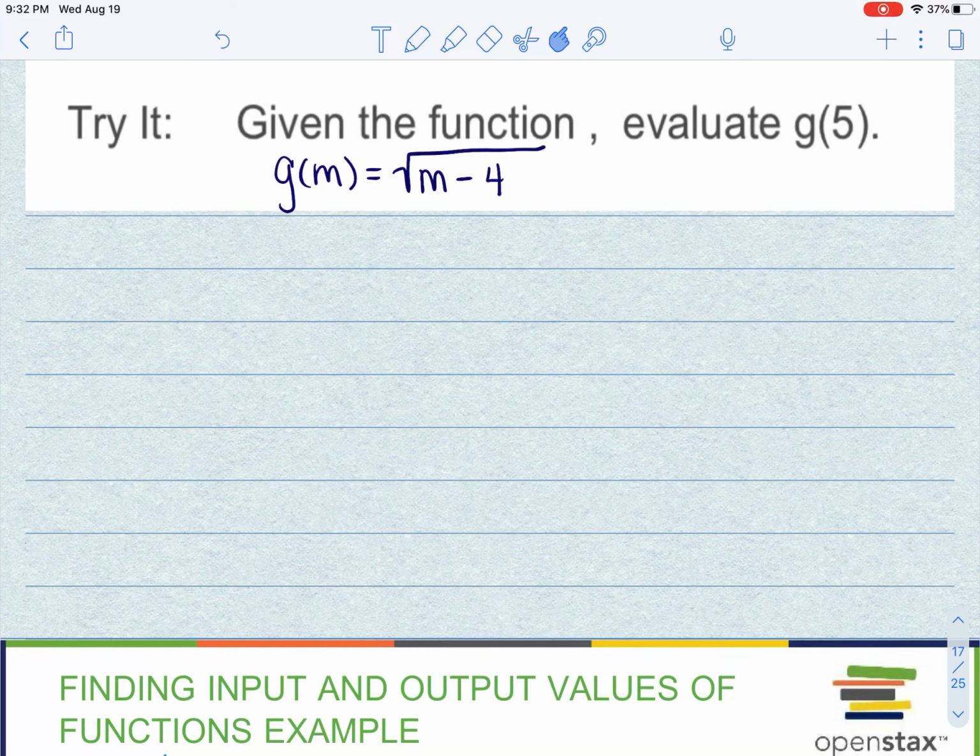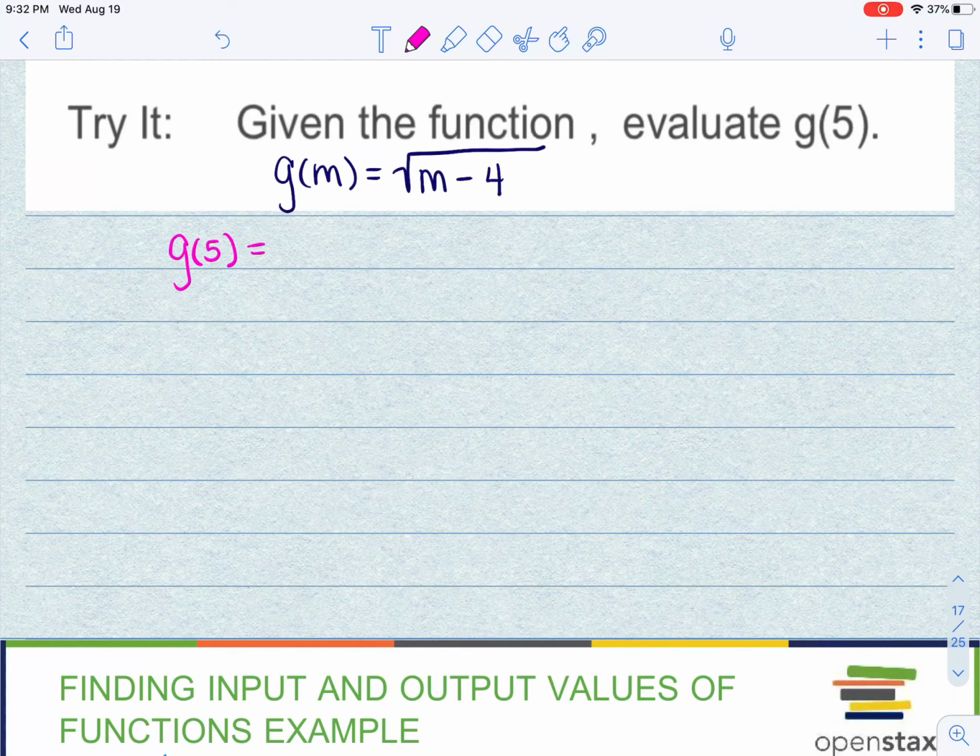Given the function g of m equals the square root of m minus 4, go ahead and try to evaluate it. By the way, hit pause first. Okay, so you've unpaused. Hopefully you have worked through this try it.